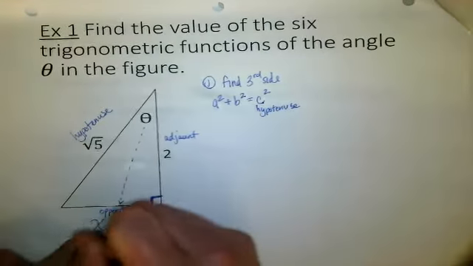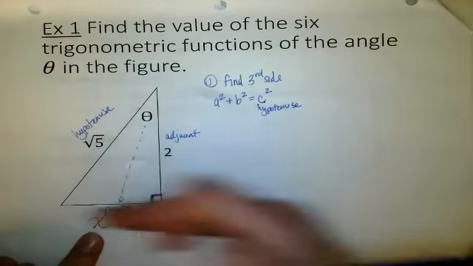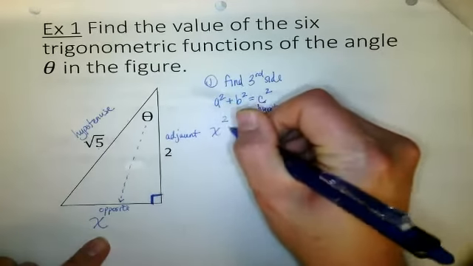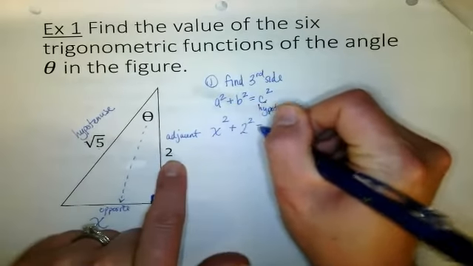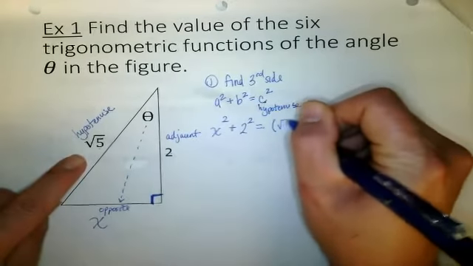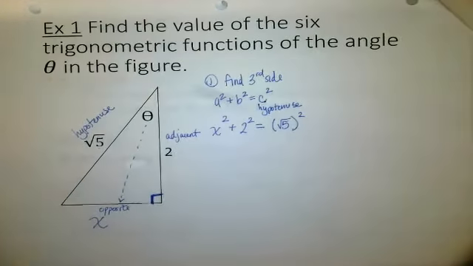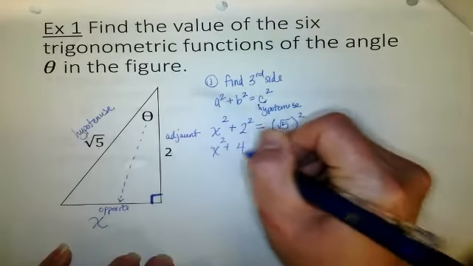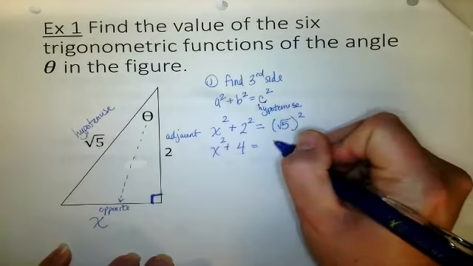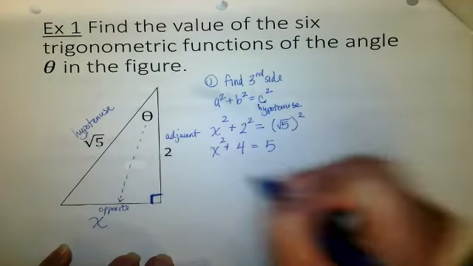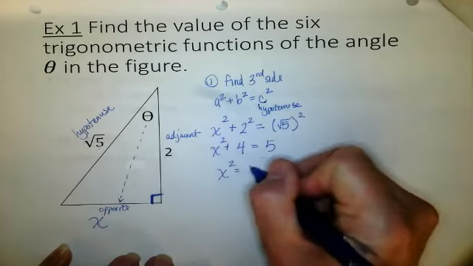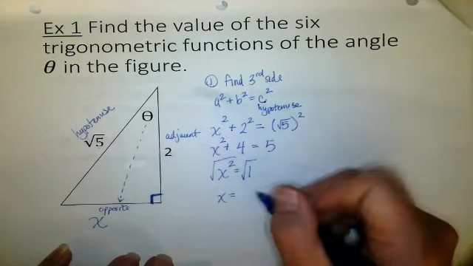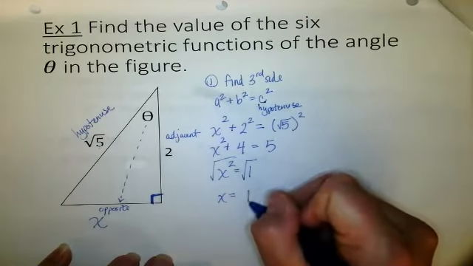So I'm just going to call this x, mostly because it's horizontal. x squared plus 2 squared equals my hypotenuse squared. x squared plus 4 equals 5. So we subtract the 4 and then take a square root. So x equals 1. The square root of 1 is 1.